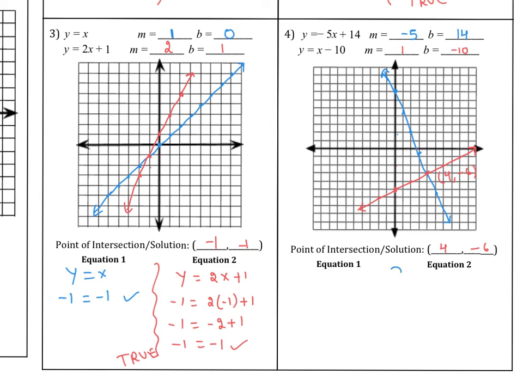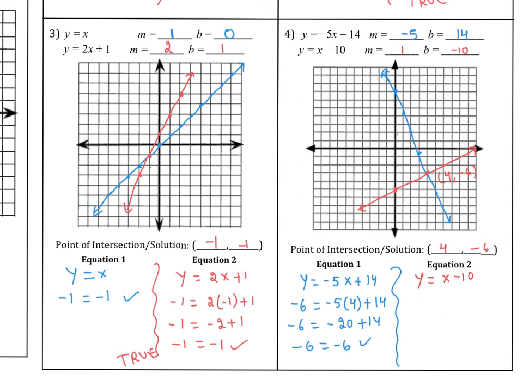Now you're going to check for the solution. So the first equation, y equals -5x plus 14, you plug y as -6, x as 4, and you're going to get -6 equals -20 plus 14. So that's going to be -6 equals -6, which is true. Next equation is y equals x minus 10.